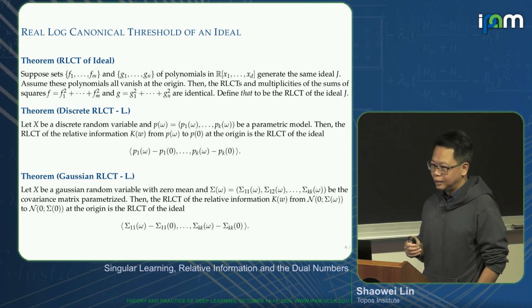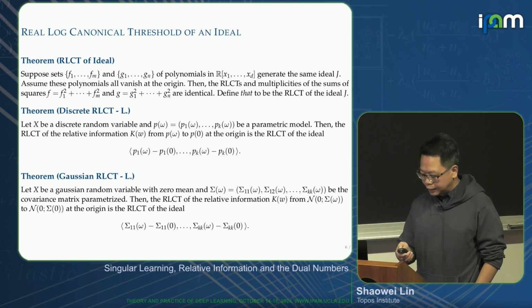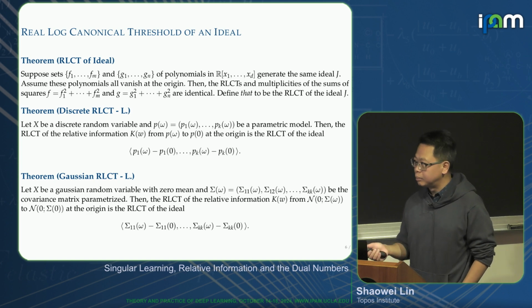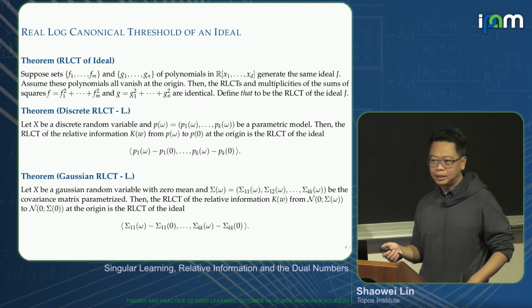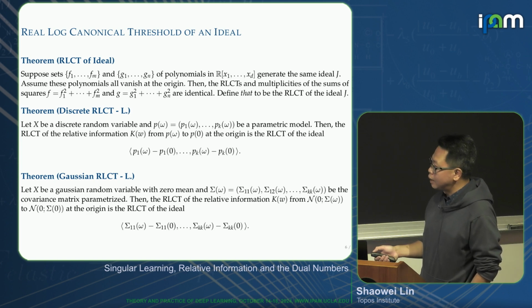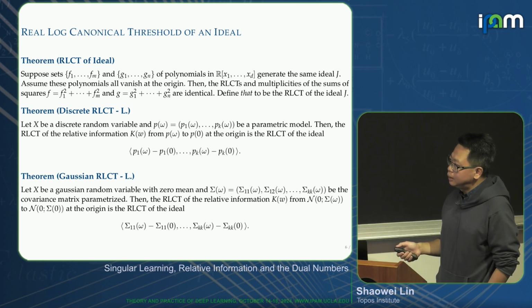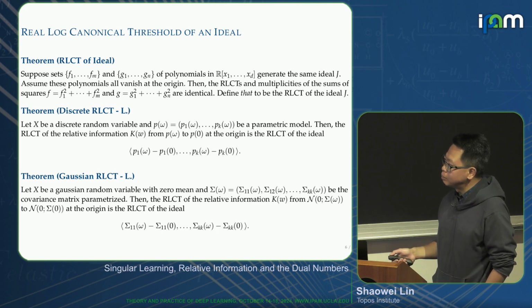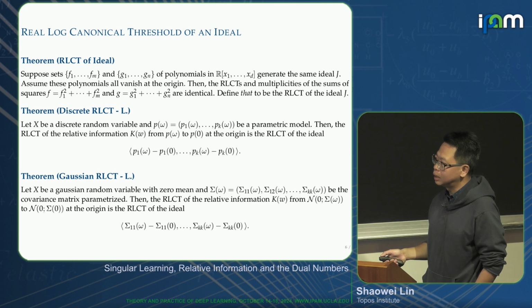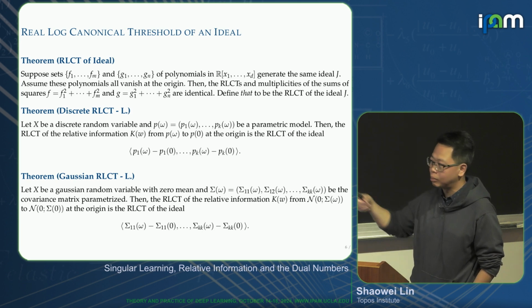Hope that's okay. So I was saying that in many statistical settings, for instance, for discrete random variables, it helps to not have to think about this ugly relative information. Instead, suppose we have a discrete random variable and a parametric model for the k states of this discrete variable. Suppose our Q distribution is P of 0, assuming that the parameters have been shifted to the origin so that the origin corresponds to the true distribution, and the true distribution lies in your model.